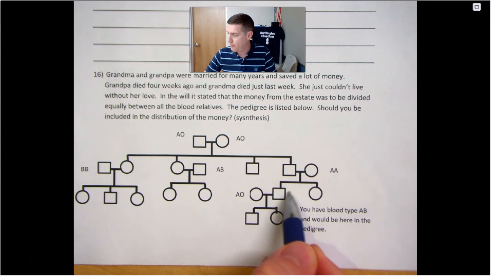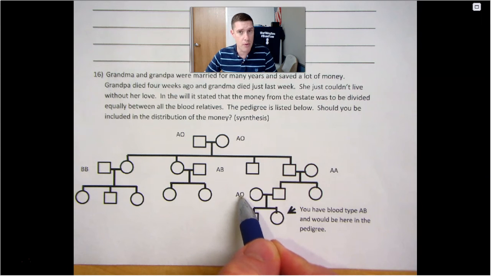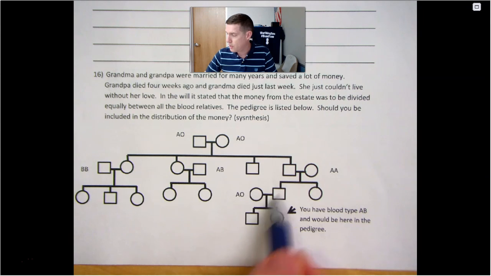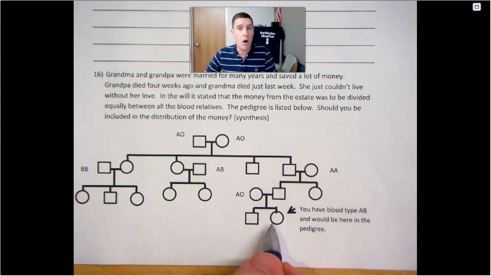Because once you get the father, you will have your father's blood type, you already have your mother's blood type. You'll run those crosses to determine, okay, if I'm in the bloodline of this family, my blood type should be one of the possibilities from this cross. If you are, you're in the money. And if your blood type is not one of the possibilities that comes from this cross, you're out. So that's the strategy I would use.